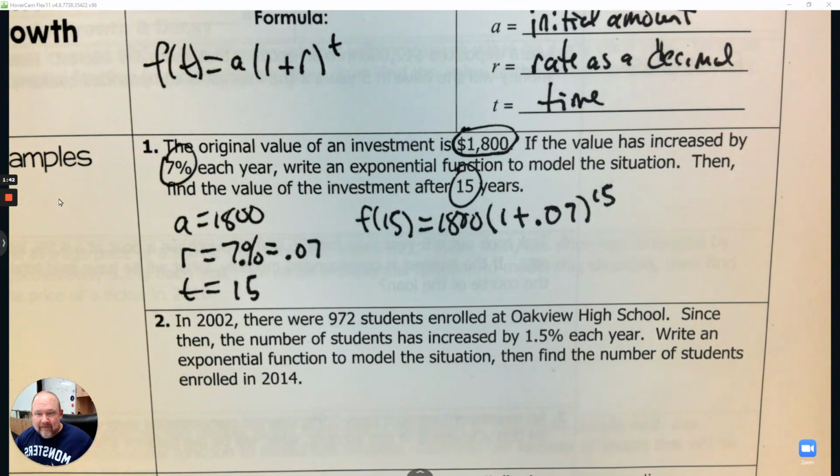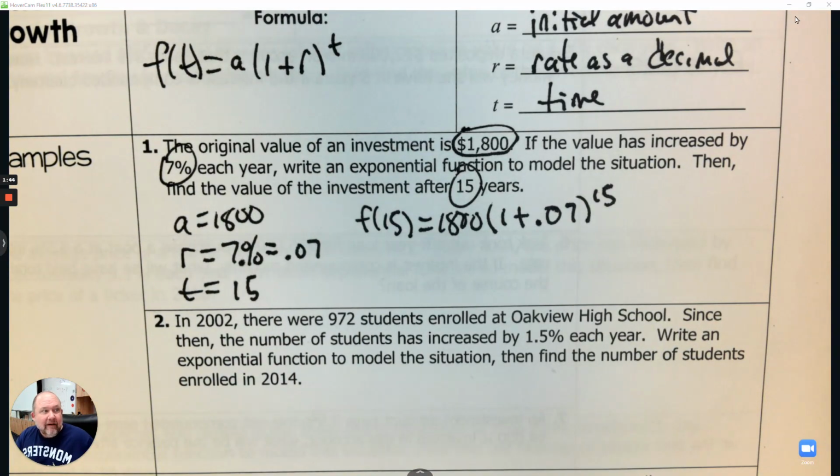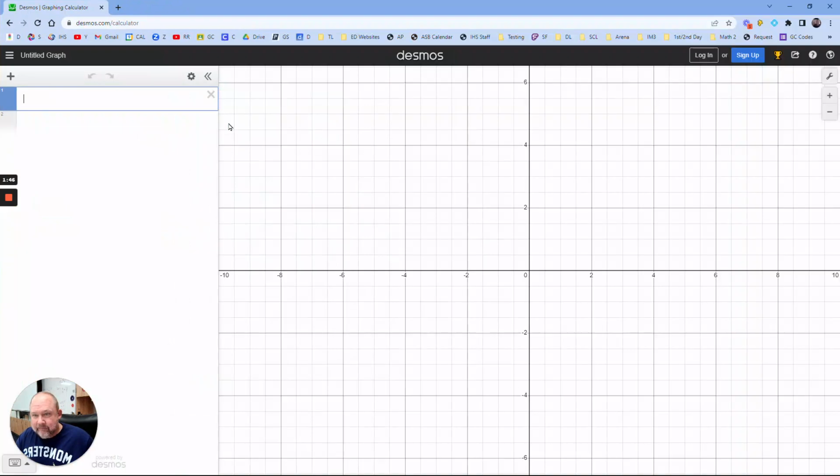Then I'm going to type that into Desmos. So go to Desmos, and we're going to type this in. So that's 1,800, 1 plus 0.07 to the exponent 15. And so the answer is about 4,000.